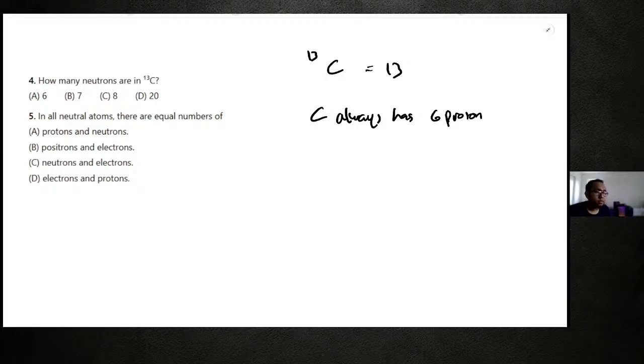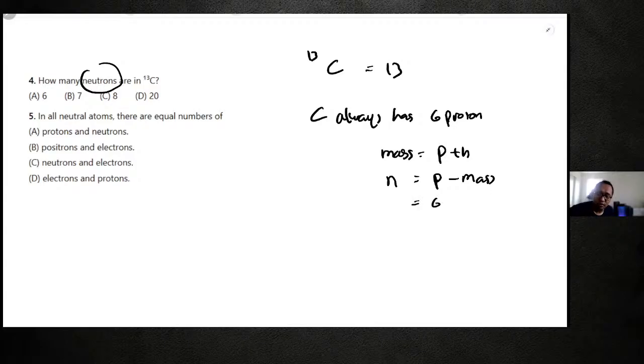To find the neutrons, since the question is about neutrons, we can do a calculation: subtract protons from mass. Mass is protons plus neutrons, so to get the neutrons we subtract protons from mass.